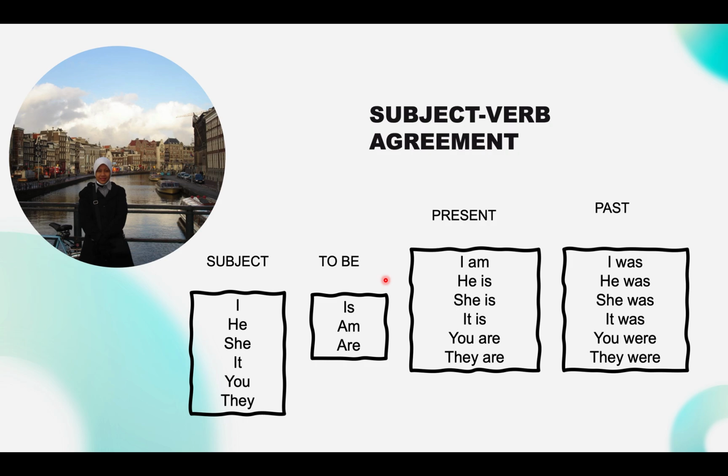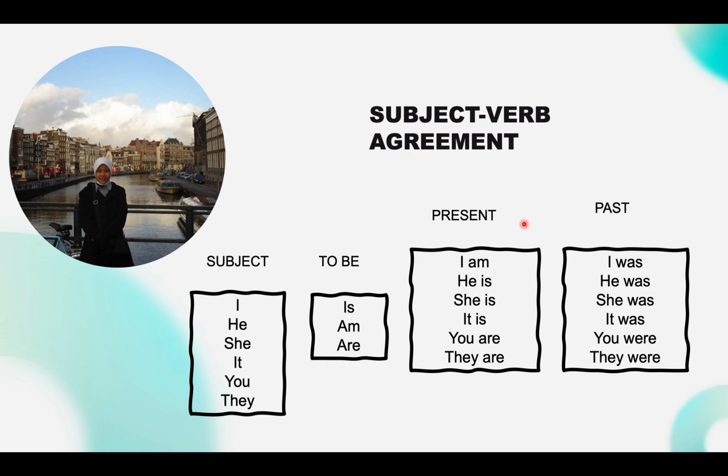How we use subject and to be depends on the situation, or on the time. Is it present or is it past? When the time is present, we use subject and to be: I am, he is, she is, it is, you are, and they are.